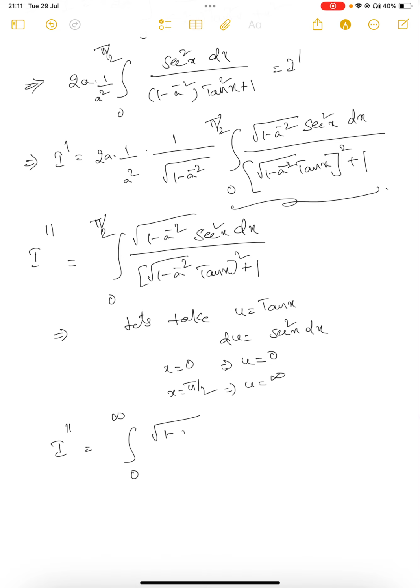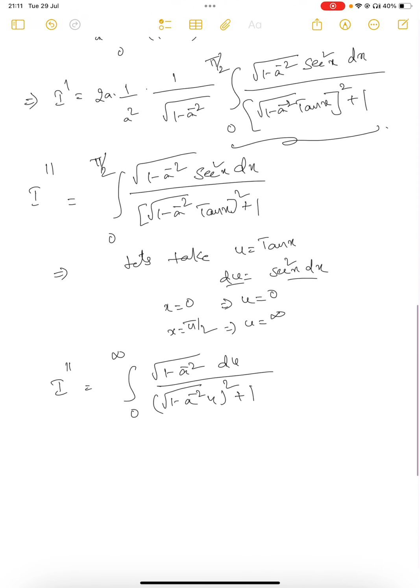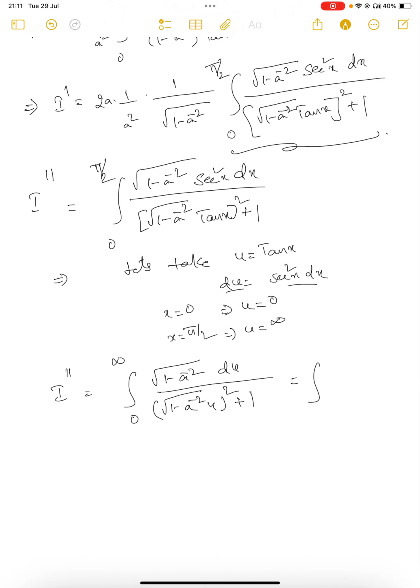root of 1 minus a power minus 2, secant square x dx is du, right? Du by root of 1 minus a power minus 2 tan x, u, this whole square plus 1, which will be equal to integral 0 to infinity root of 1 minus a power minus 2 du by 1 minus a power minus 2 here u square plus 1.